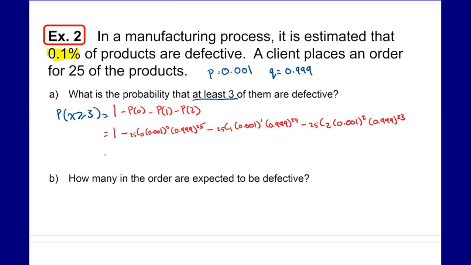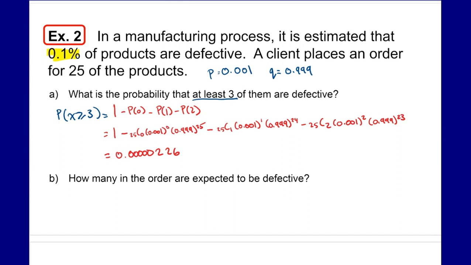Again, when we calculate and subtract all of these, we should find that it is 0.12345. So a very low probability that at least 3 of them are defective, which makes sense given that the probability of a product being defective is very, very low.